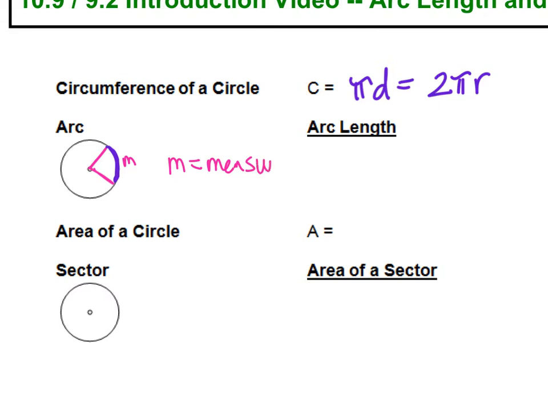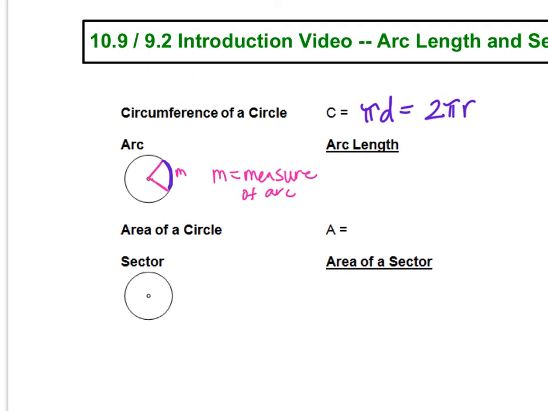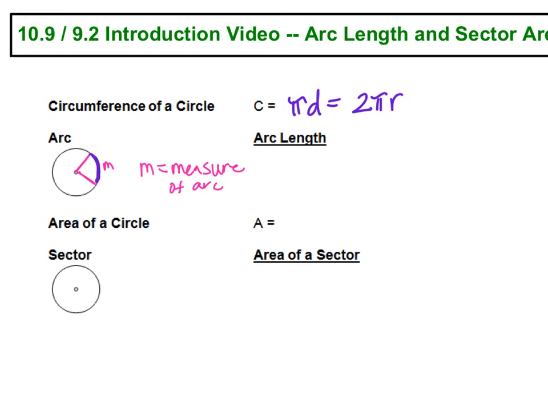Not the degree measure of the arc, but the measure of the arc. Yeah, no, it is the degree measure of the arc. Just kidding. It is the degree measure of the arc. So arc length uses that degree measure of the arc.